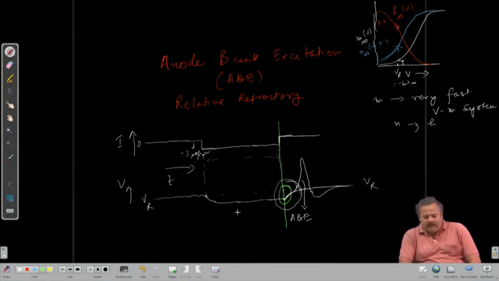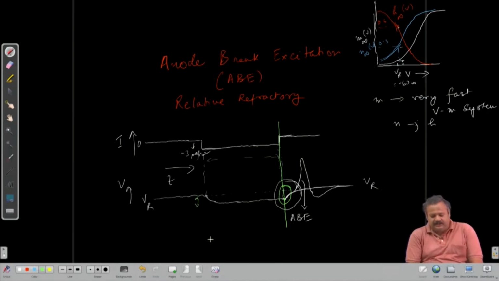So we have all the M, N and H gates held at some lower value than V rest. At this particular time, our H value is H infinity of VR minus delta, let us say delta.